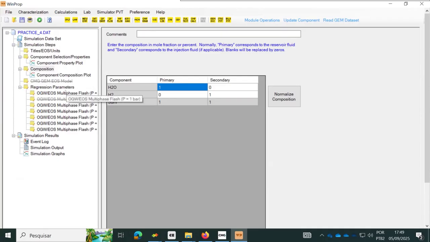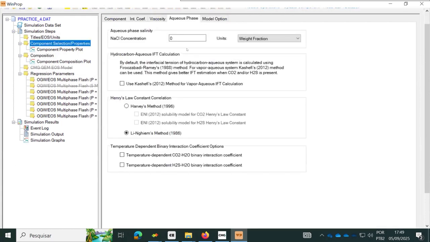Marcos? Yes, sir. In the component selection or property section, when we selected the Henry's law constant correlation, we see the aqueous salinity is 0 in this case. For example, if we have solubility data for a salinity like 1000 ppm, we need to input it here, right?